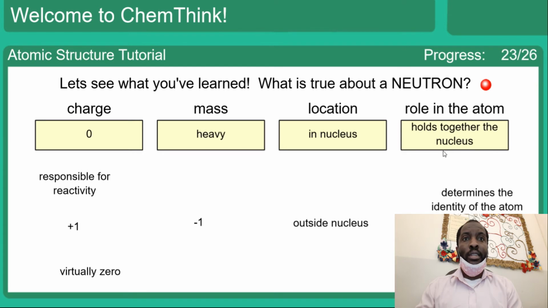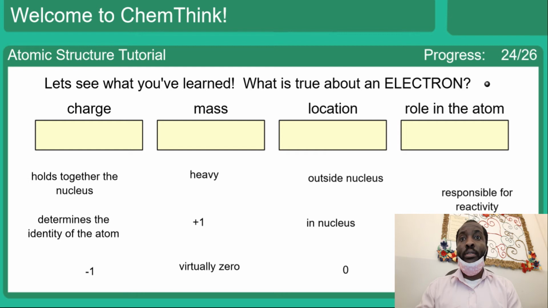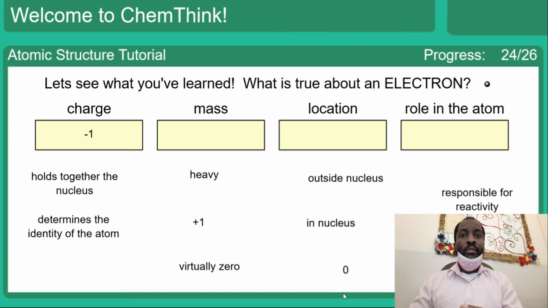I think that's that. So we now move to the last subatomic particle, the electrons. Now the charge of the electron is -1, and their mass is virtually 0, and the location, electrons are found outside the nucleus.